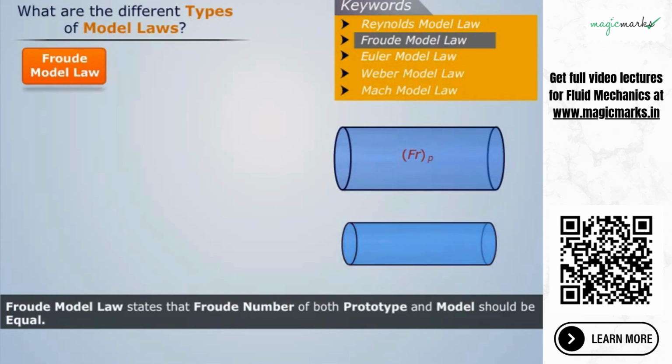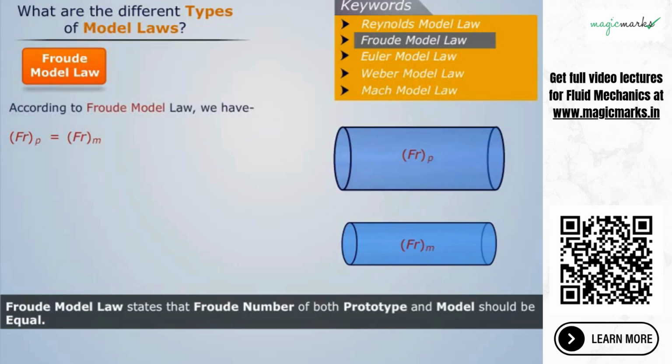And Frm be the Froude number of this model. Now according to Froude model law, the Froude number of both the prototype and model should be equal.